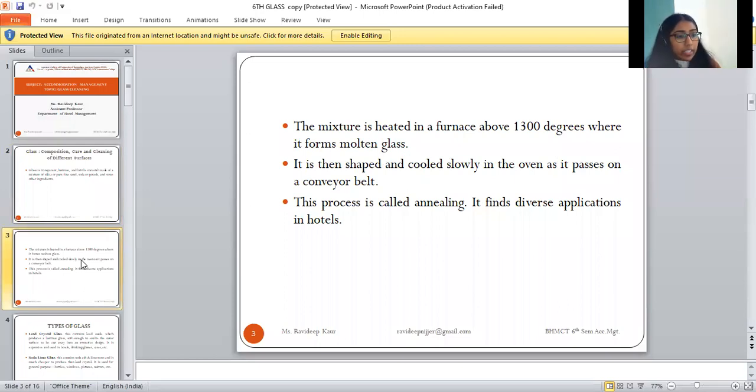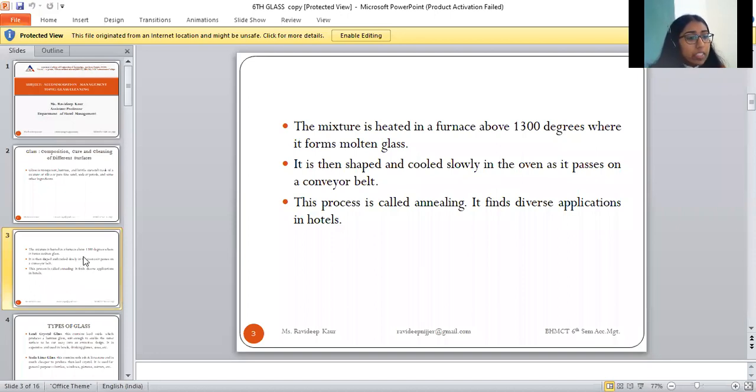After getting into a molten form, the glass moves to the next step where it gets its shape, and then it is cooled down as it passes through the conveyor belt.